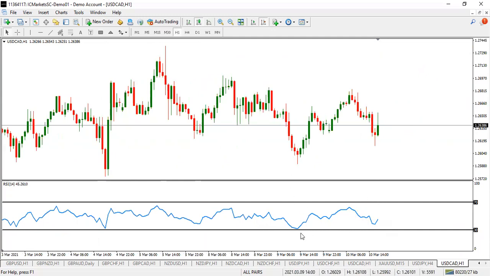Now, oversold is just the opposite of overbought. Whenever you see this same line go below the 30 line, either touching or going below it, it means a lot of sellers are already in the market.